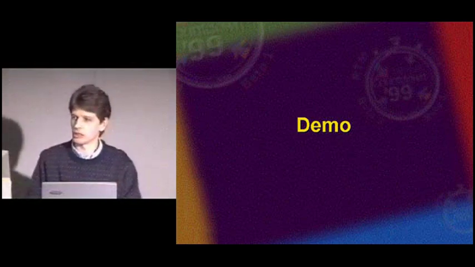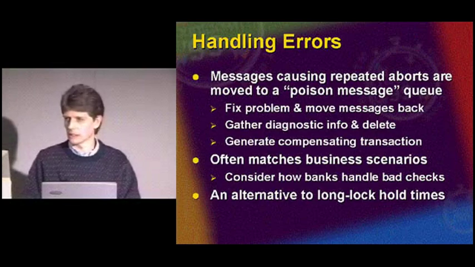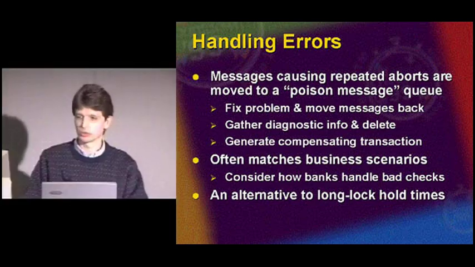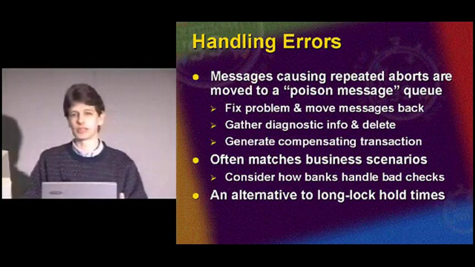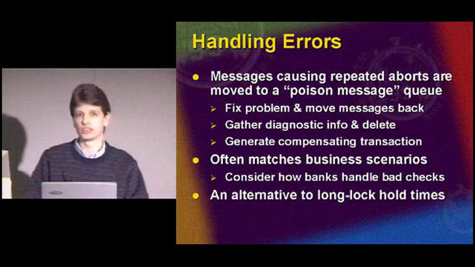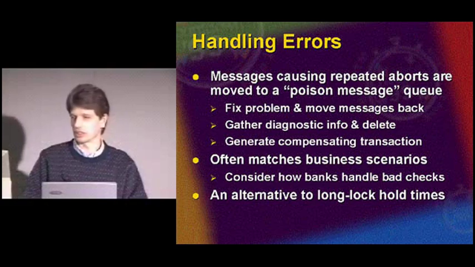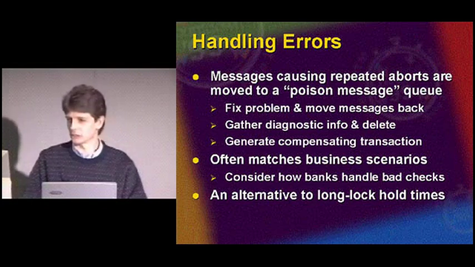What I want to do now is quickly run through some of the things we didn't cover in the demo, in particular error handling. Sometimes messages can repeatedly abort. From the client end, it may be that MSMQ can't deliver the message from the client to the server. From the server's point of view, it may be that the message containing methods and procedure calls is invalid in some way.